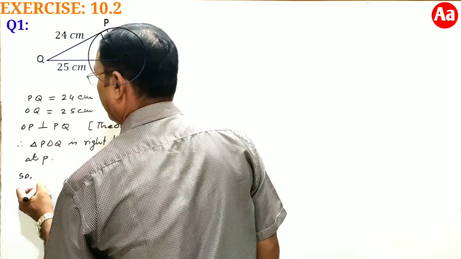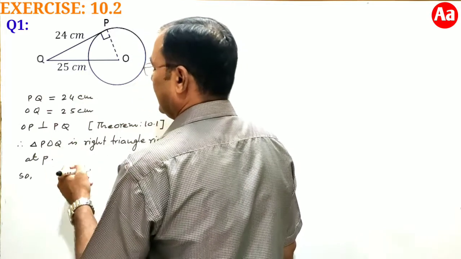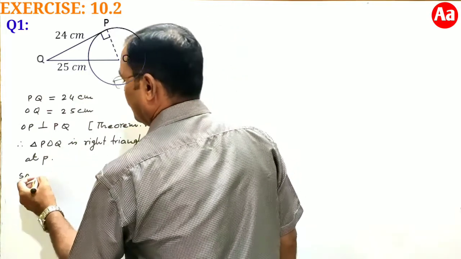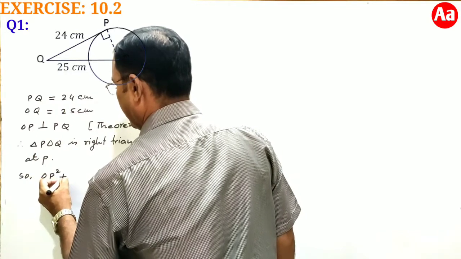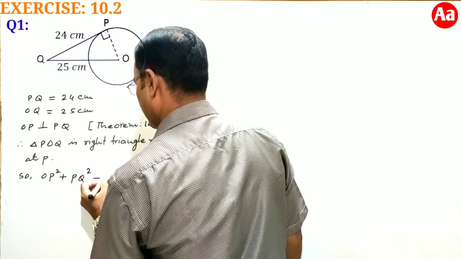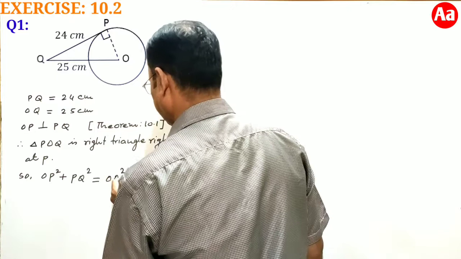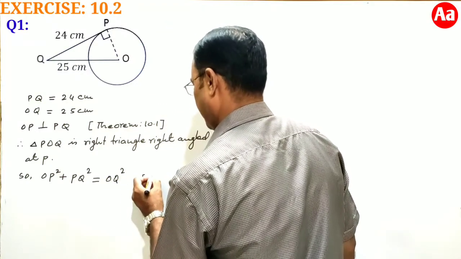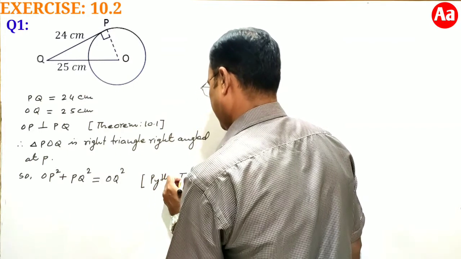So, applying Pythagoras theorem in right triangle POQ, we can write OP square plus PQ square equal to OQ square. This is Pythagoras theorem.